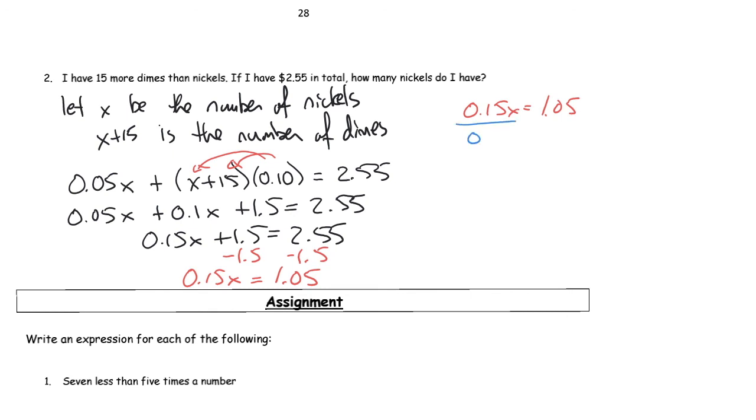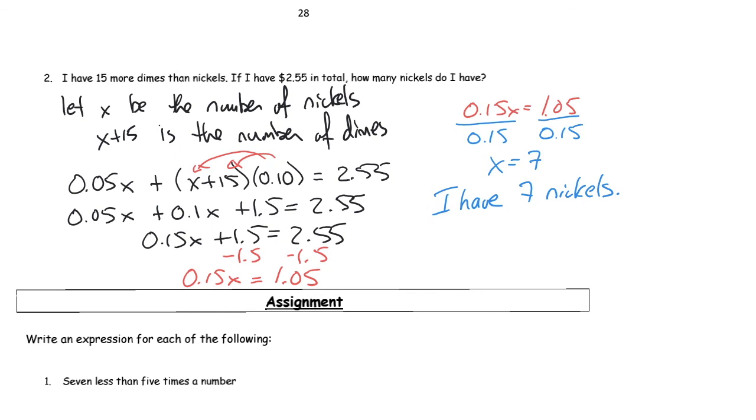And now I'm going to divide by 0.15 to get the x by itself, and we get that x is equal to 7. So how many nickels do I have? Well, the way I set this up here is I let x be the number of nickels. So this means that I have 7 nickels.